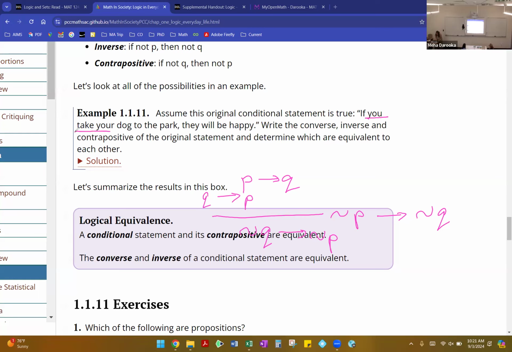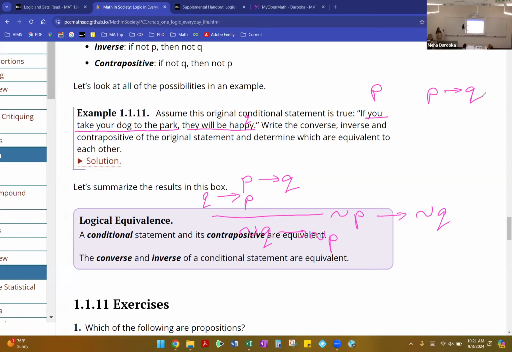You take your dog to the park, we'll call that P, and then the dogs will be happy becomes your Q. So in your original statement, if you take your dog to the park is the premise, and the conclusion is they will be happy, that's the Q. So that's the original statement.